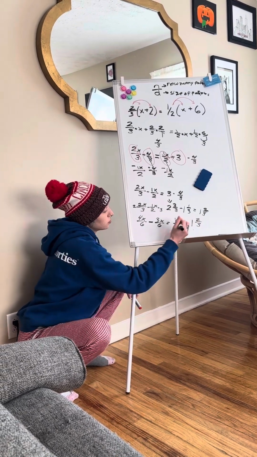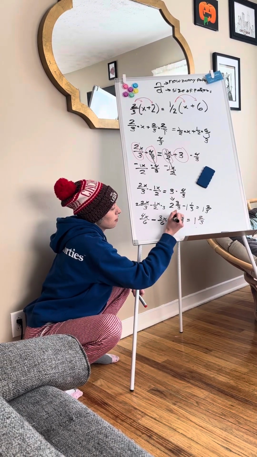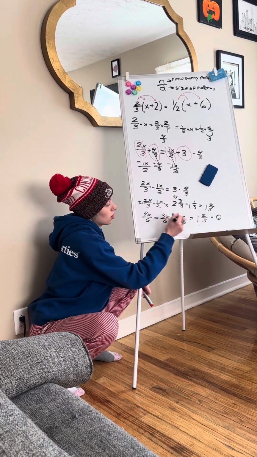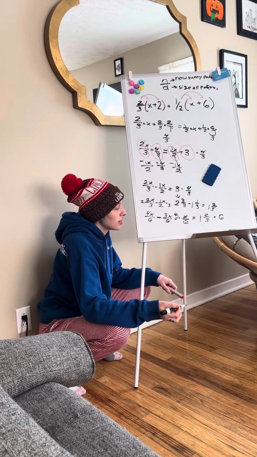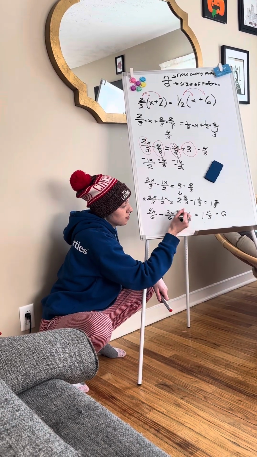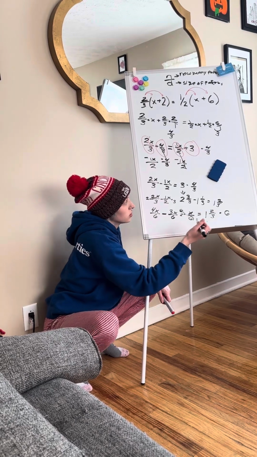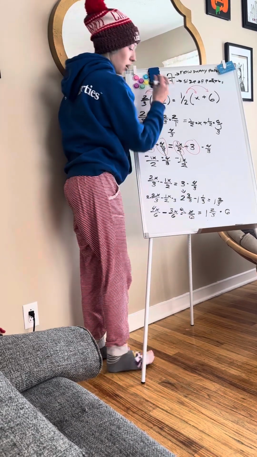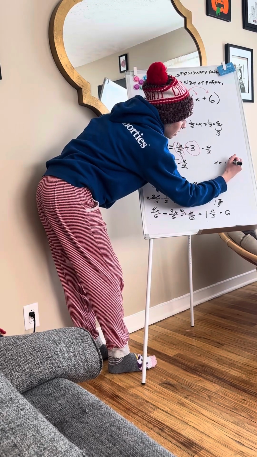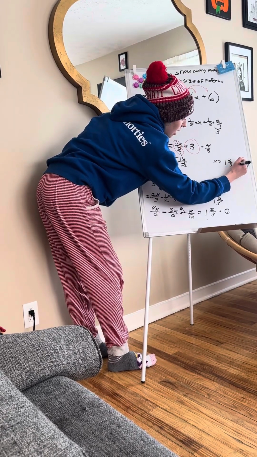But we're not done. So now we have to multiply the 6 out. Once I multiply that 6 out, this just becomes x because this canceled out. This becomes 0. So I have x equals 1 2/3 times 6.